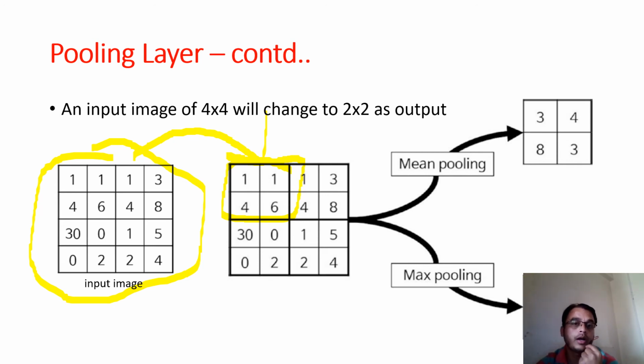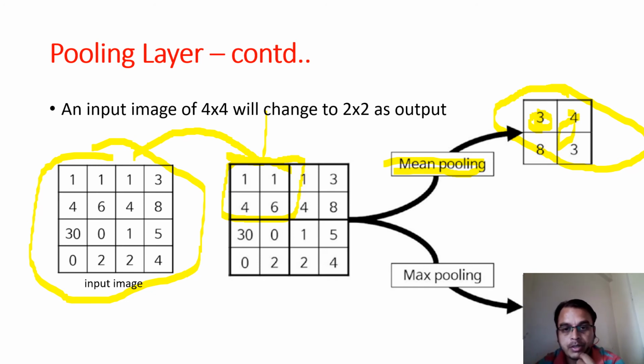So 12 divided by how many points are there? 4. So 12 divided by 4, 3. Hence the mean value we are calculating is 3. Similarly, the next part: 1 plus 3, 4, plus 4, 8, plus 8, 16. 16 divided by 4, 4. So this value comes as 4. In this way, if I apply the mean pooling over here, these are my desired features that I have achieved using the pooling layer.